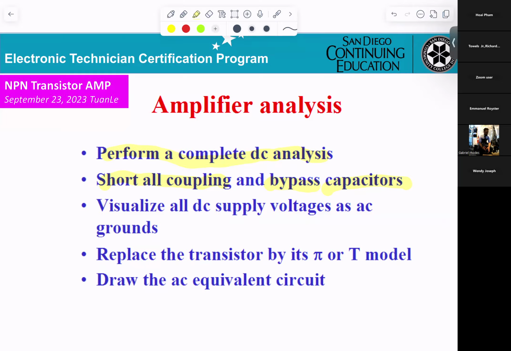The next, the DC supply voltage is at AC ground. Okay, that tells you in the AC you don't see any more DC voltage. It will be shorted to the ground.